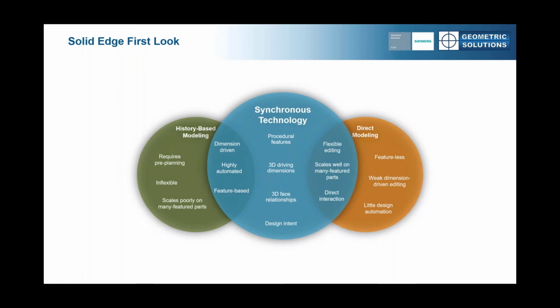But then it leaves off the ugly bits, where you have to do a lot of pre-planning, or you don't have any dimensions. As I had mentioned earlier, Solid Edge is strong with history-based modeling, so you have that as an option, but we also have this synchronous technology, which is really a powerful option, a powerful tool. Let's take a look at an example of this.